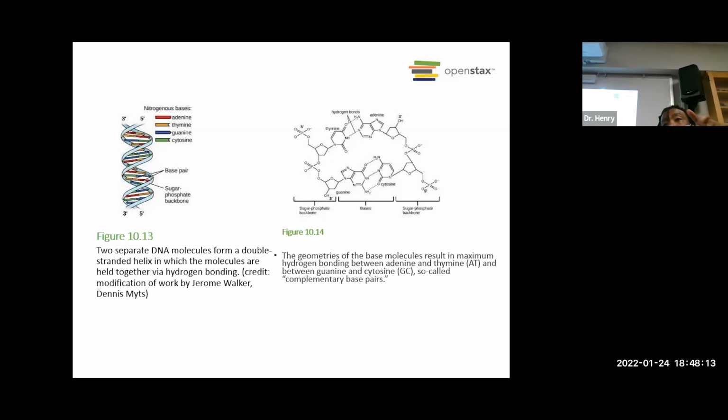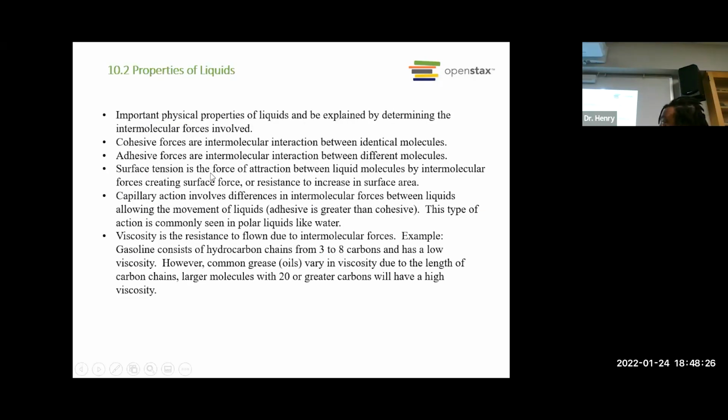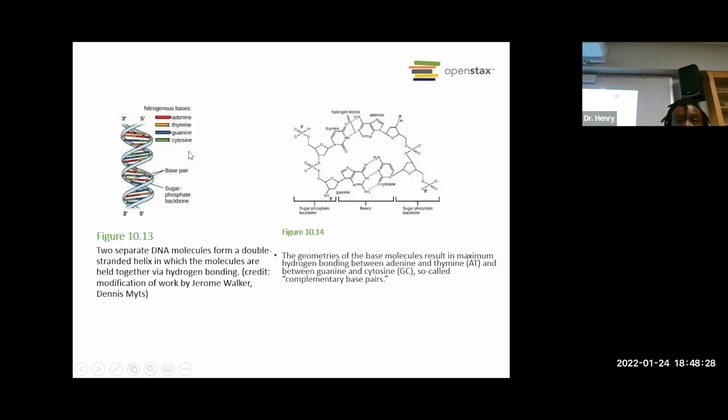Now, A and T pair up, they form a hydrogen bond together, and they match up, right? So they're considered base pairs. And then G and C pair up, okay?